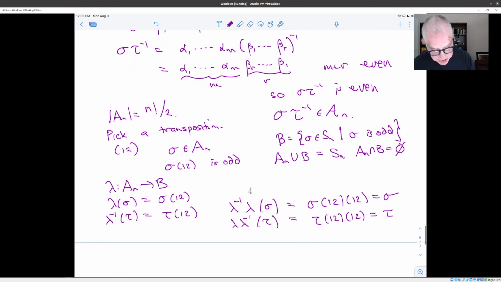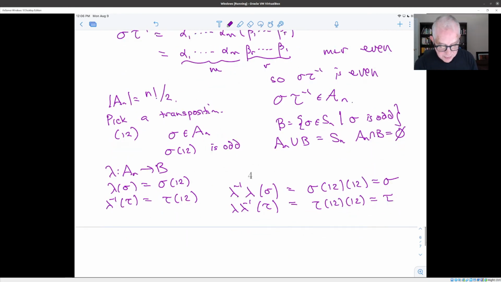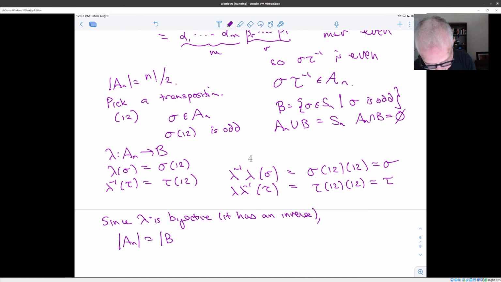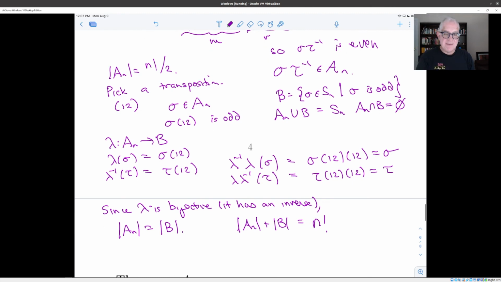And if you have a bijection between two sets, they must have the same number of elements. So since lambda is a bijection, the number of elements in An is equal to the number of elements in B. But it's also the case that the number of elements in An plus the number in B equals n factorial, and so they each have n factorial over 2 elements.